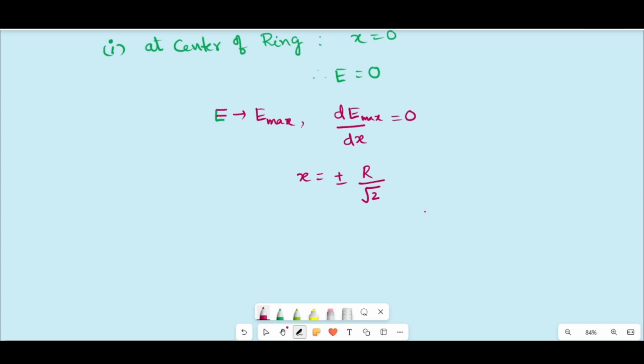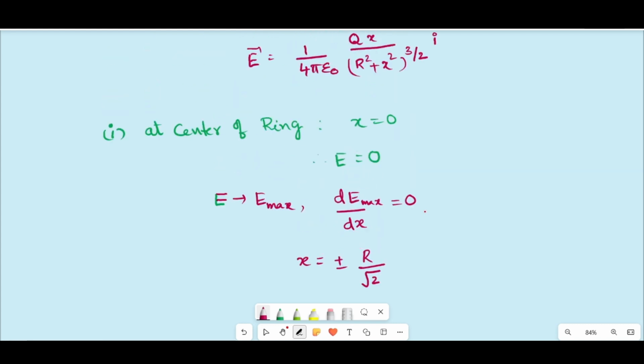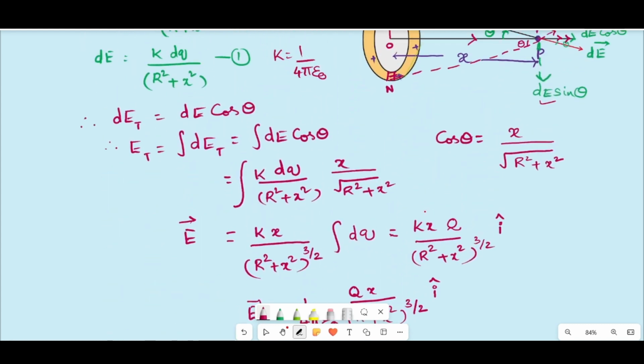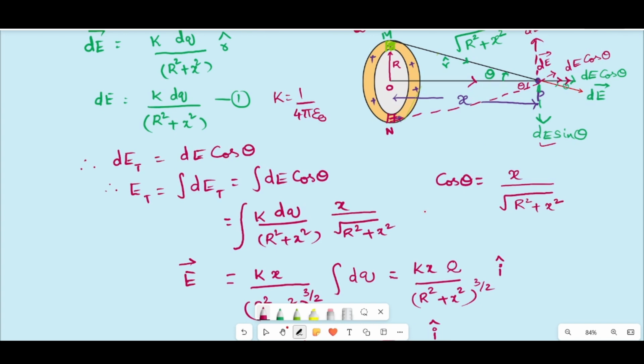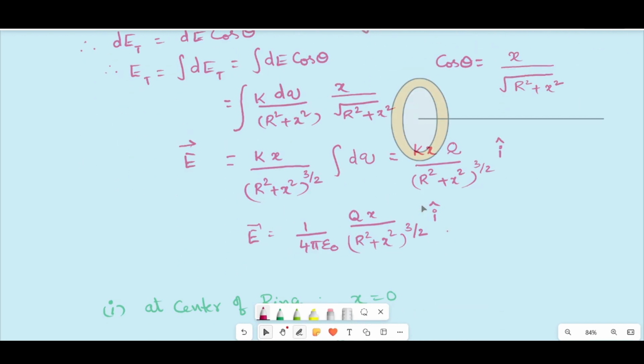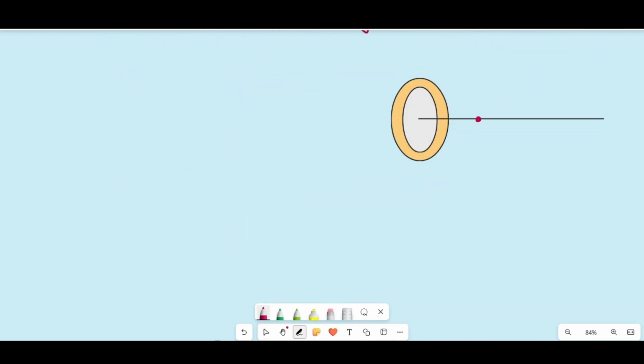That means on the axis of the ring, at a distance r by root 2, where r is the radius, somewhere here, the electric field is maximum. So let us draw the graph of how it is varying. For example, somewhere at this point, the distance of the point is r by root 2, and the value of the electric field is maximum.